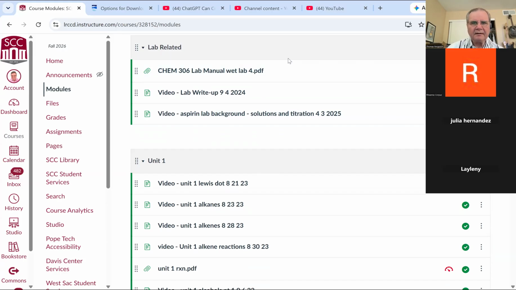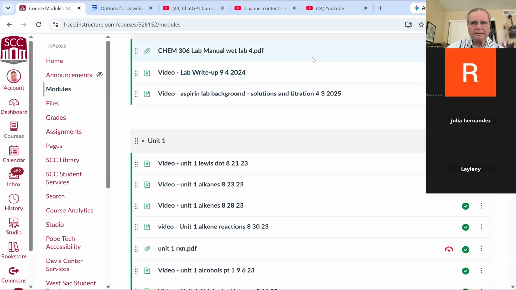Now here is the red dot that says I'm recording. So if you don't see that red dot under screen sharing, make sure that you tell me. This really bugs me about the bookstore not having our lab manual.